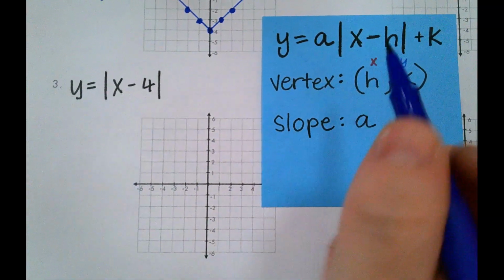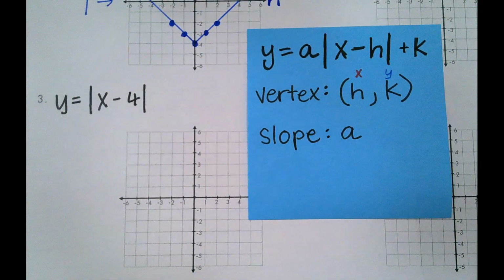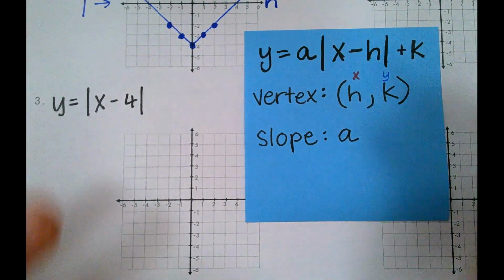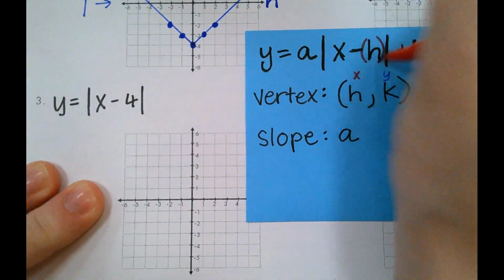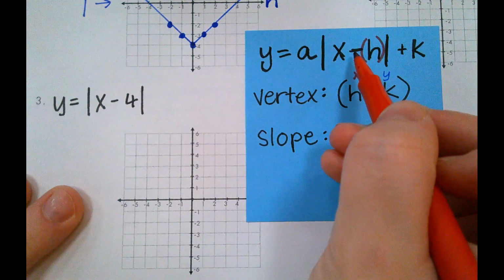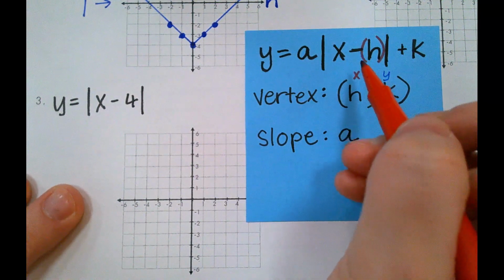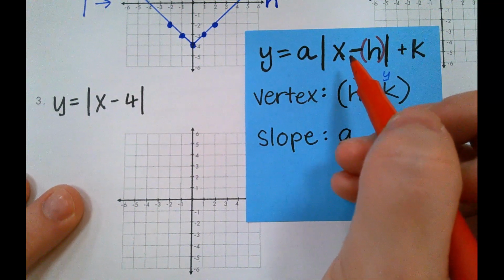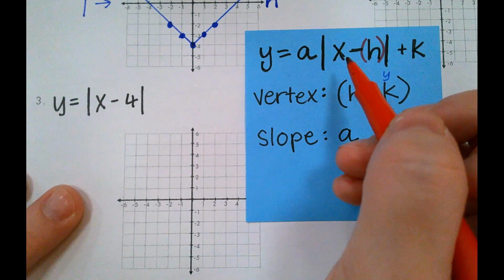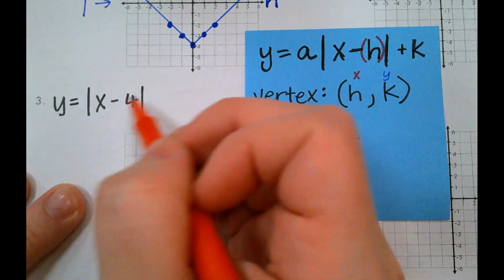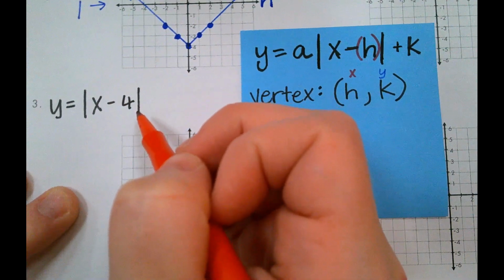Now, something to note is that H in the formula is right here. This minus is part of the formula. This is what can be a little bit confusing because we're used to seeing a -4 and saying, oh yeah, that's -4.